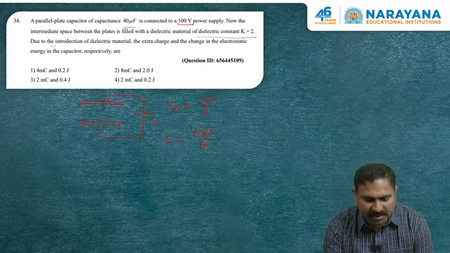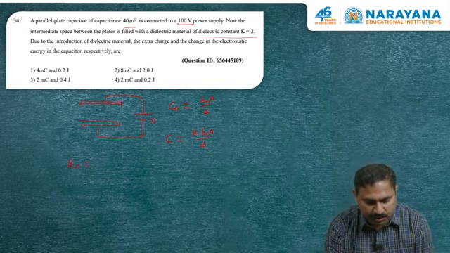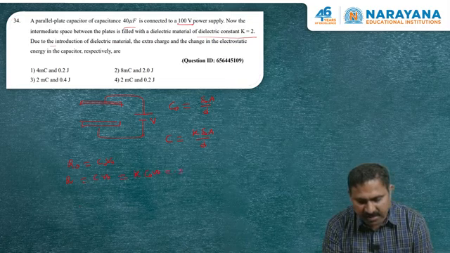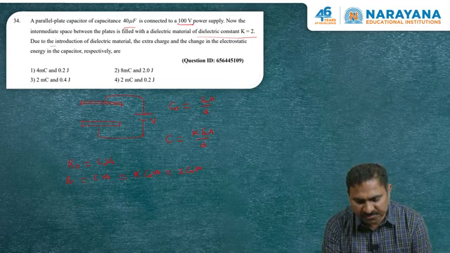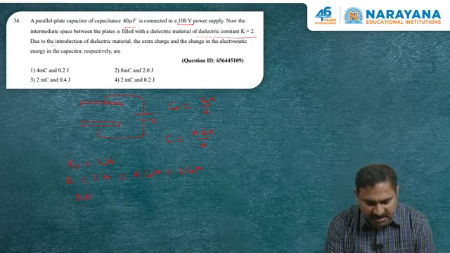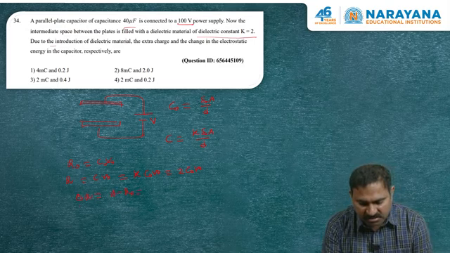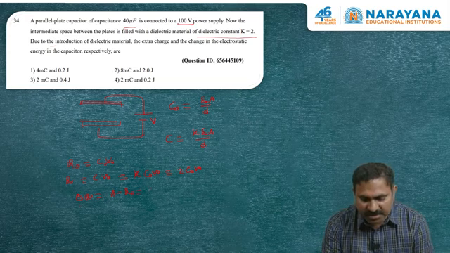Here the battery terminals are connected, so the initial charge Q naught equal to C naught V naught, the new charge Q equal to C V naught. This is K times C naught V naught, here K equal to 2. So this is 2 times C naught V naught. So the extra charge supplied by the battery equal to Q minus Q naught. This is 2 C naught V naught minus C naught V naught.